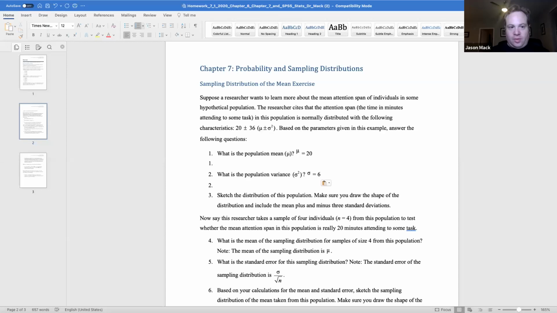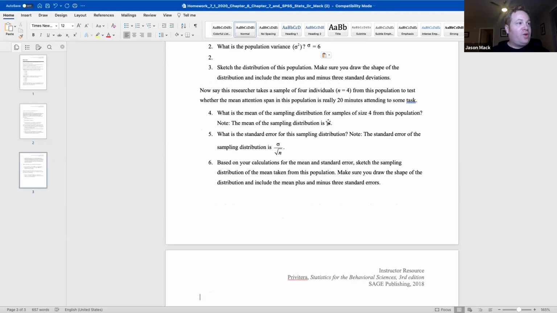So our next thing that we want to look at, let's go back to our screen share here. Now let's say this researcher takes a sample of 4 individuals, n is equal to 4, from this population to test whether the attention span in this population is really 20 minutes long attending some tasks.